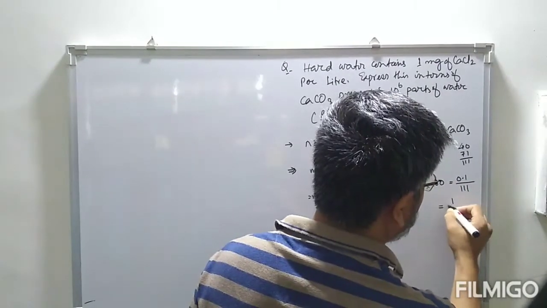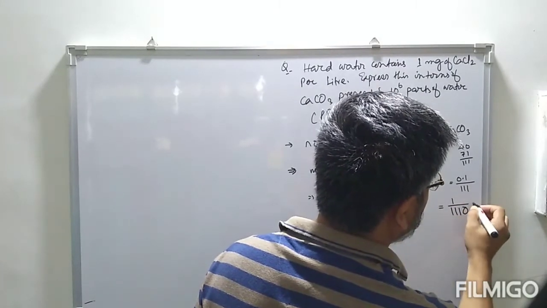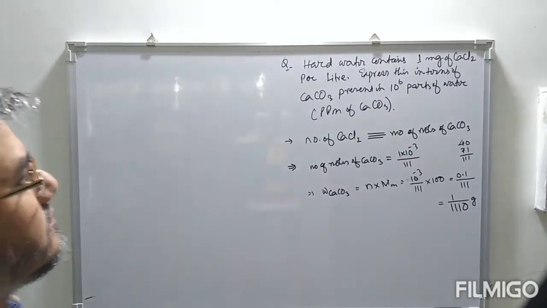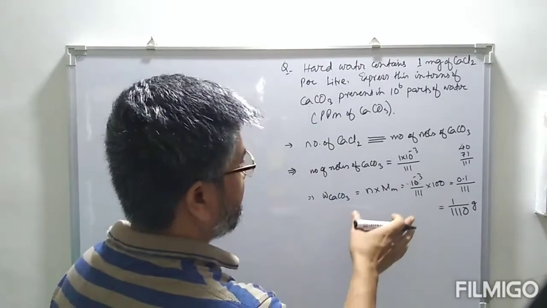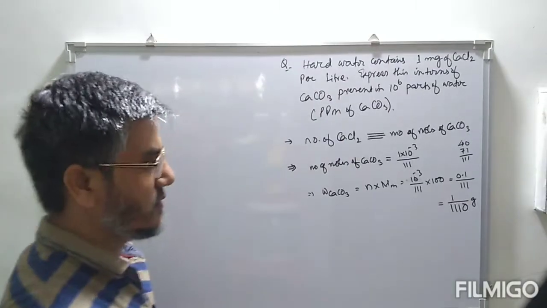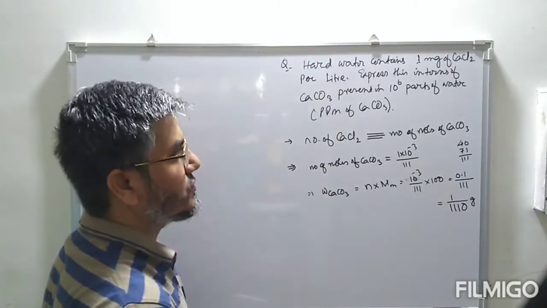So this is 1 divided by 1110 gram. This mass is present in 1 liter of the solution.